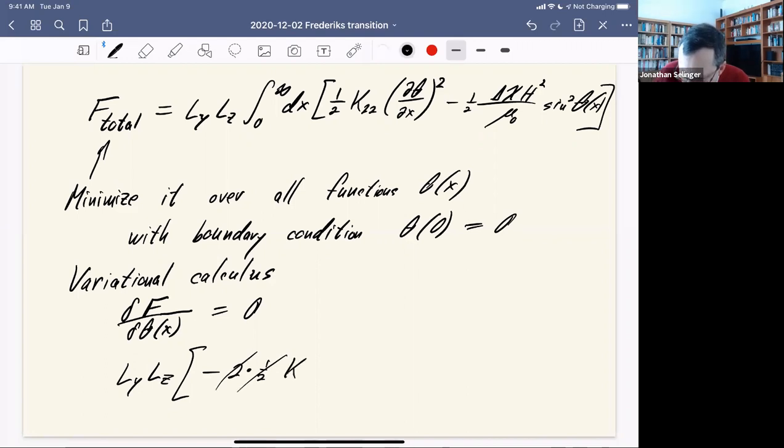You have the coefficient k22, and then a second derivative, d2 theta dx squared. So this will be hopefully familiar from the problems that we did before, but if it's not, we can talk about it again.